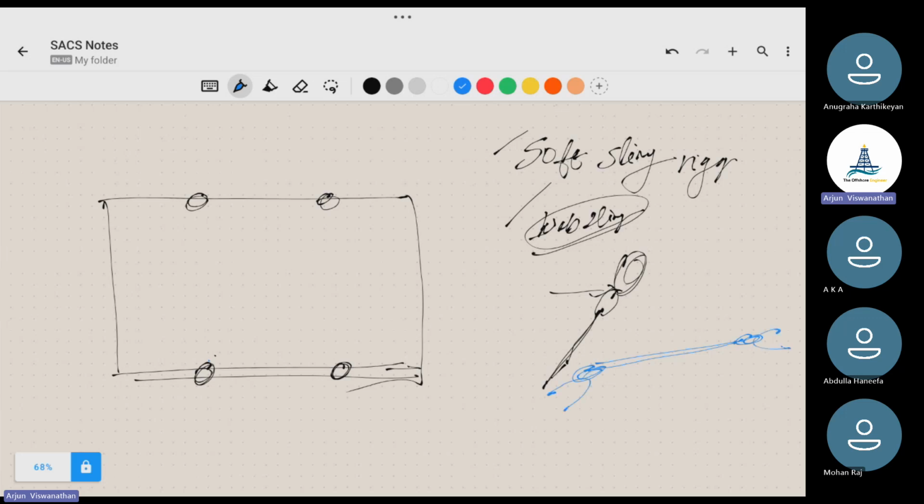Now I connect one sling like this from this pad eye to the diagonally opposite pad eye. Similarly, another sling from this pad eye to the other diagonally opposite pad eye. Now I can take a hook point, connect it here, and lift.